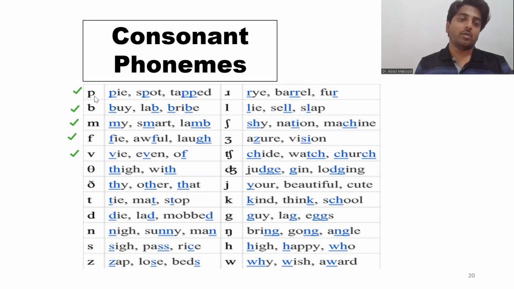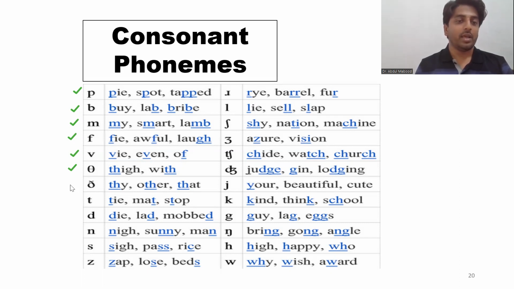Now next, this symbol is not matching to our English letter. Fine. So the sound is tha, like in thank you.